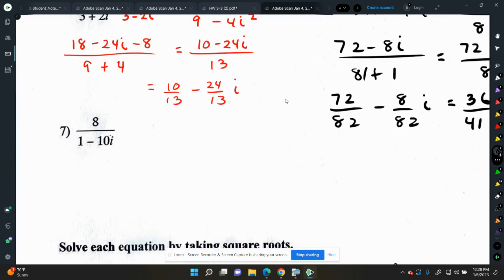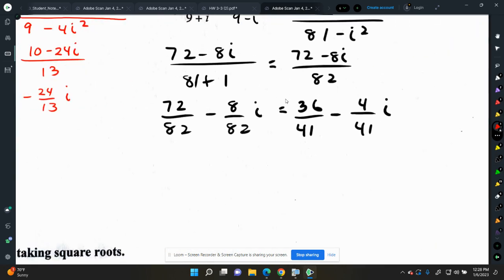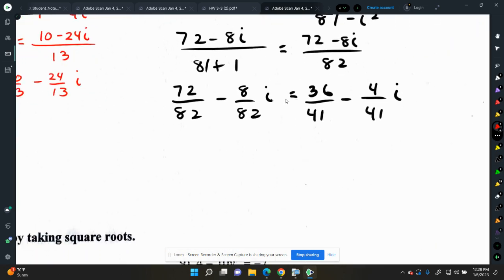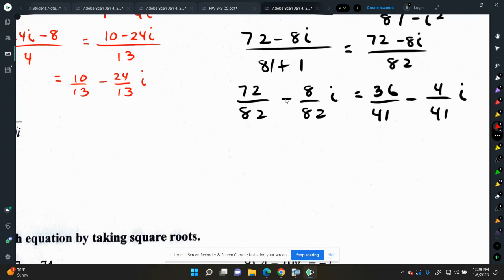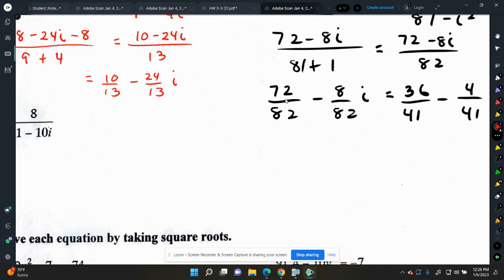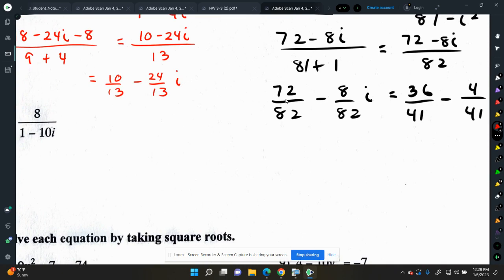Okay, number 7, we're multiplying by 1 plus 10i.